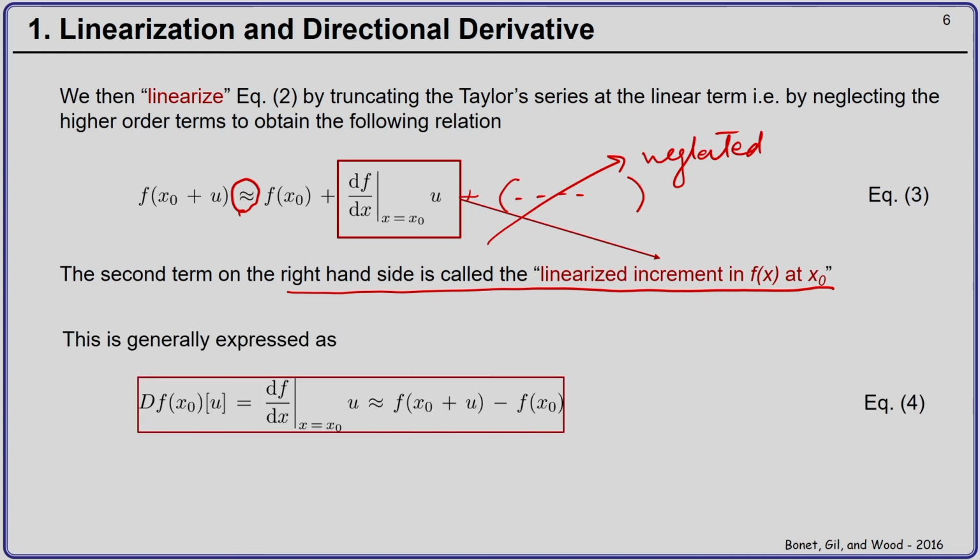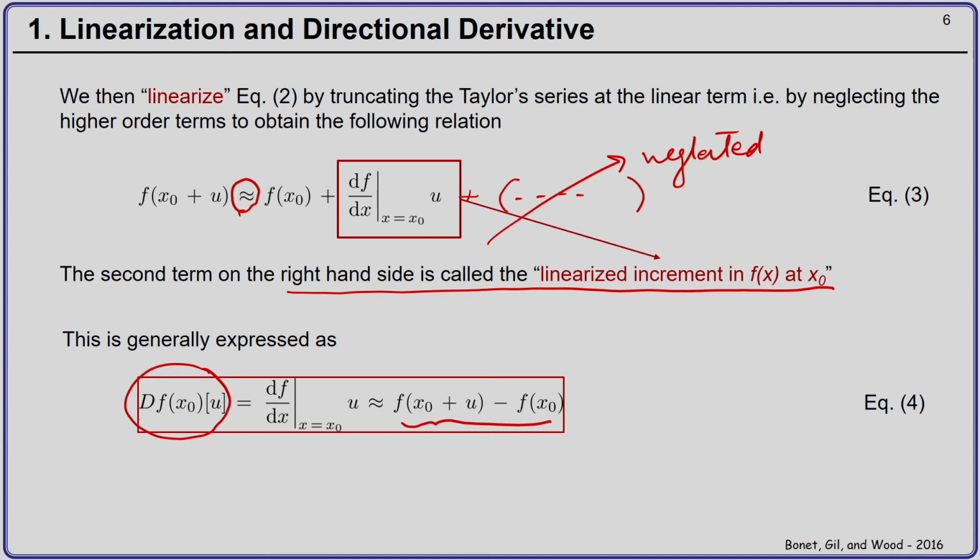This term inside the red bracket is usually denoted by capital D f of x 0, square bracket u, equal to df by dx at x equal to x 0 into u, which from the third equation is nothing but f of x 0 plus u minus f of x 0. This is a standard convention.